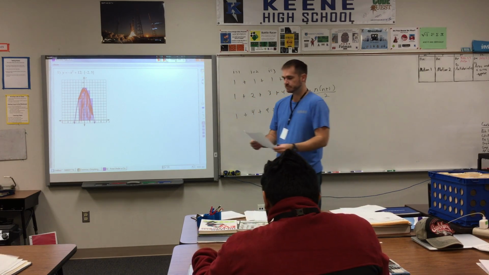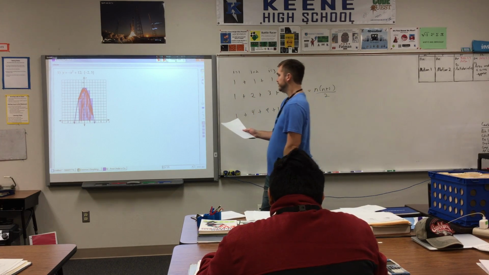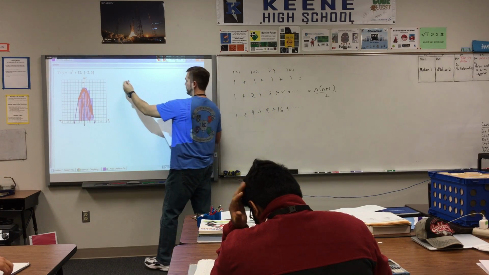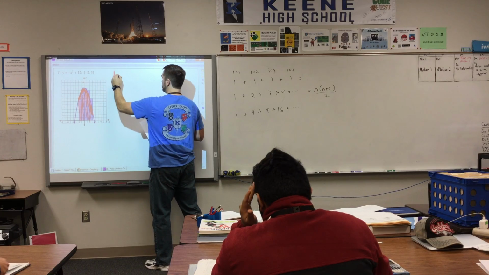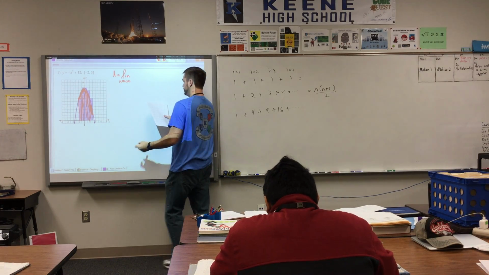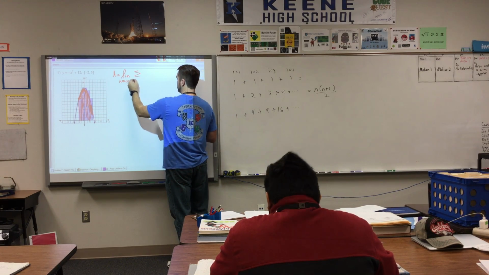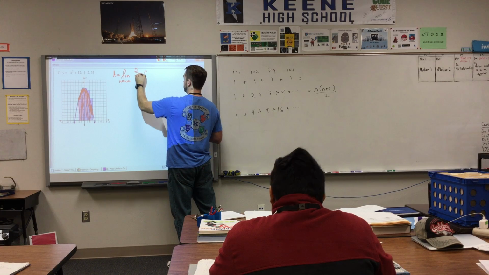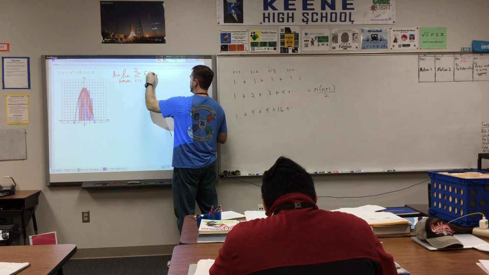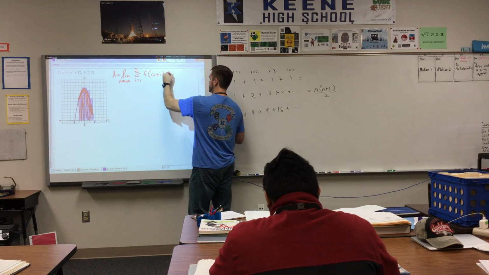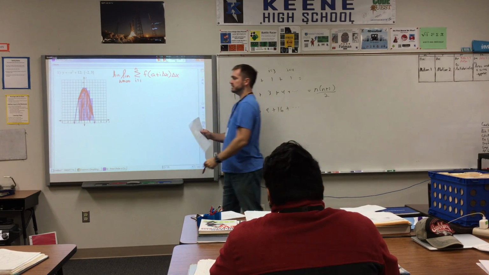All right. So the first thing we're going to do is write our formula down. So the area is equal to the limit as the number of rectangles approaches infinity of the summation from i equals 1 to n of f of a plus i delta x, times delta x.